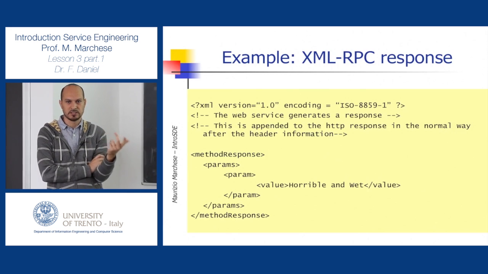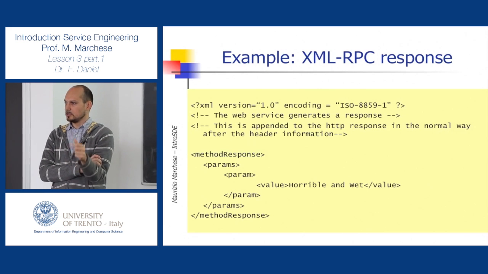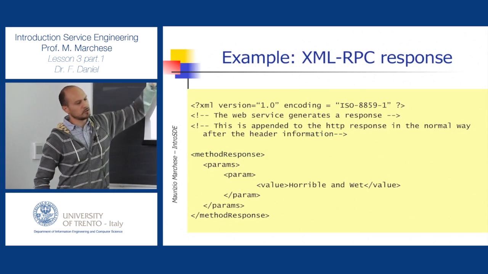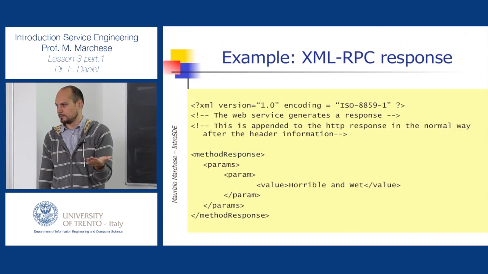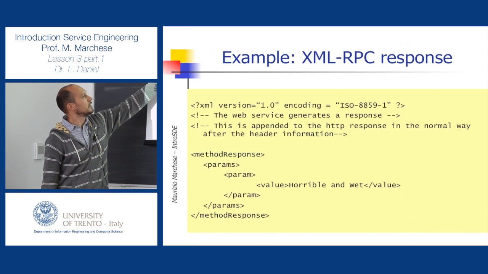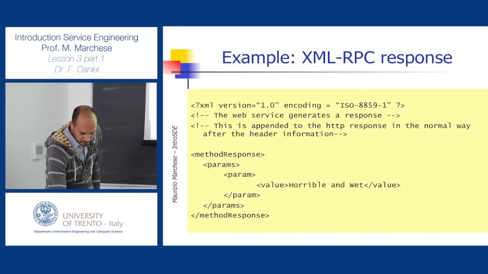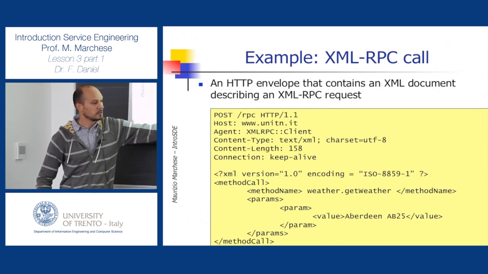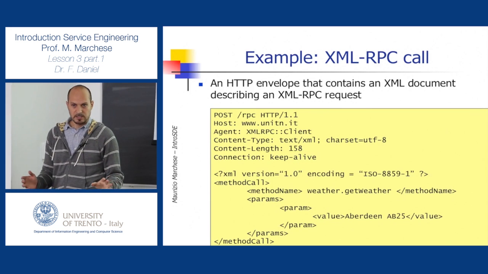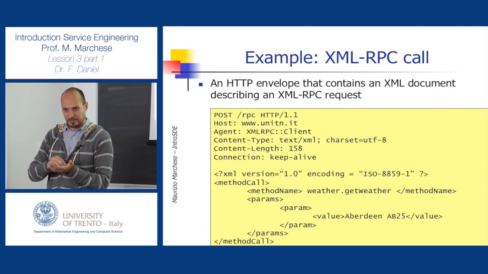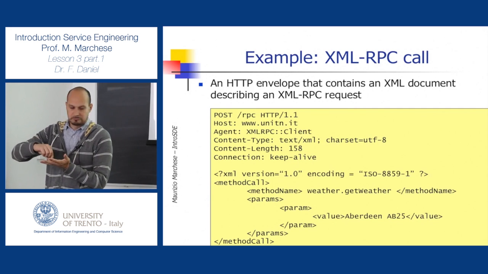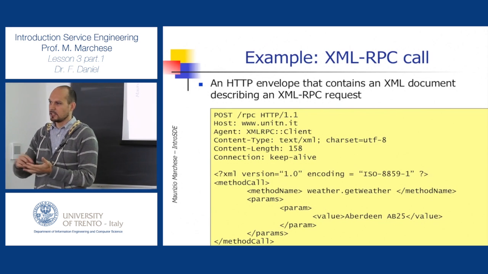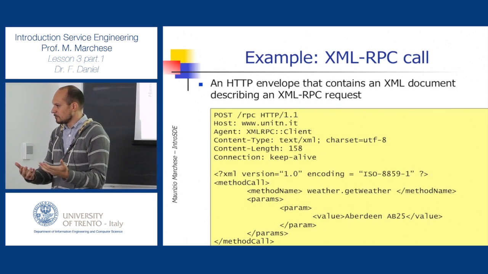XML-RPC is a standard that gives a specific meaning to a specific set of elements. Here we have one element, which is a method response. Before we saw the method call element with method name, parameters, and so on. So it's very, very simple. What you would do regularly by writing weather.getWeather in Java, here you have to describe a little bit with the XML.